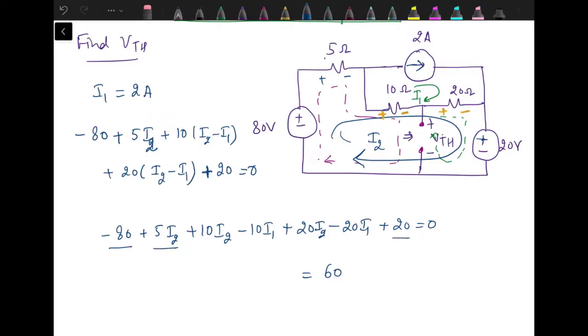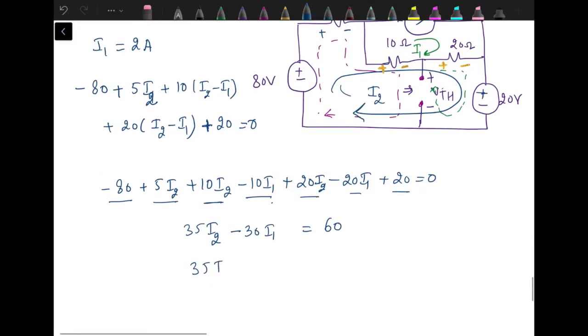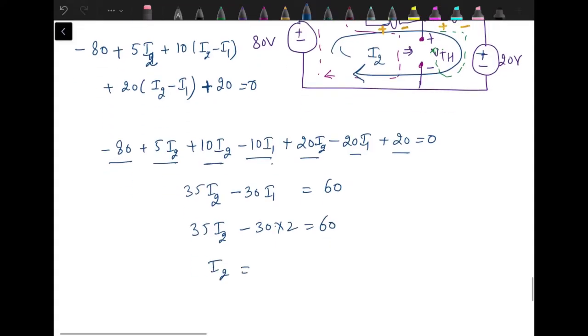Then we have the terms of I2, 1, 2, 3, 35 I2 minus 30 I1. So this will give us the value of I2 as 120 by 35, which is 3.428 ampere.